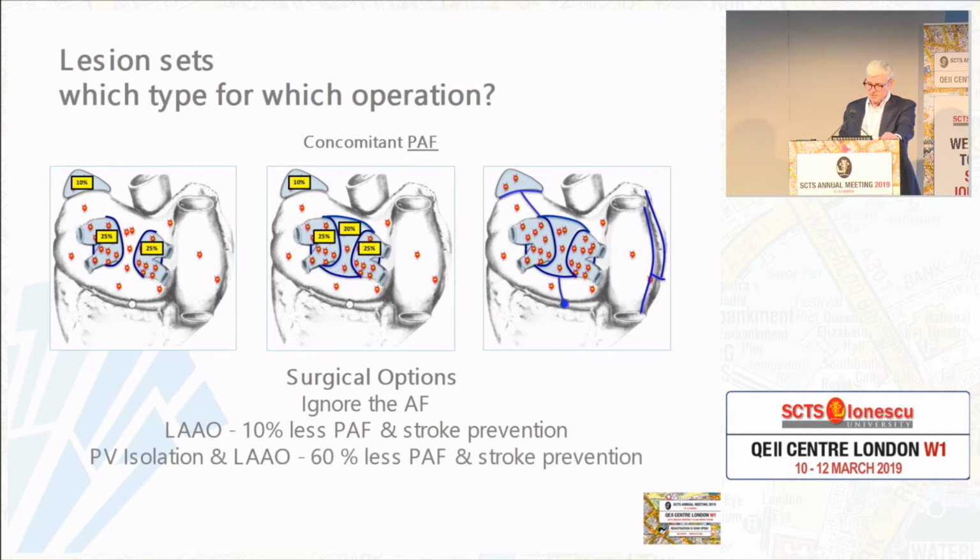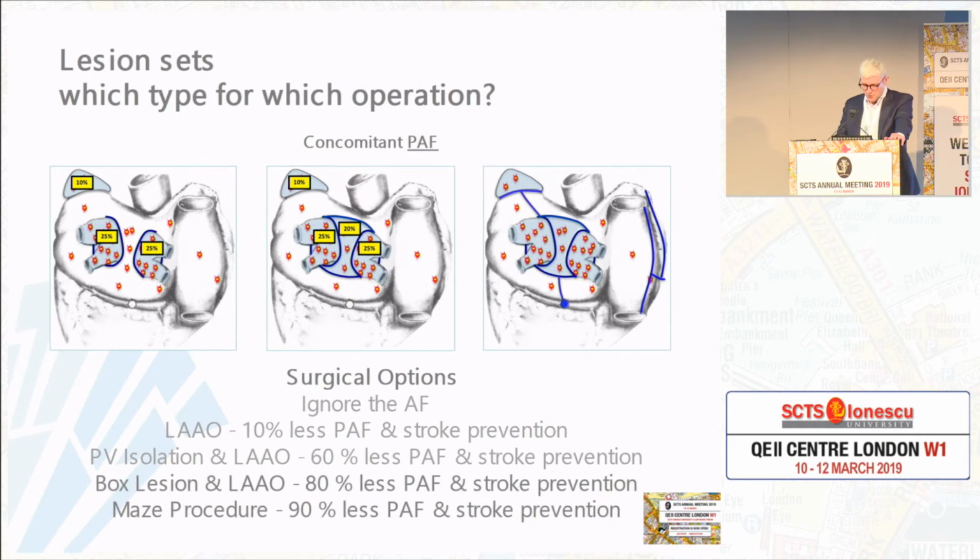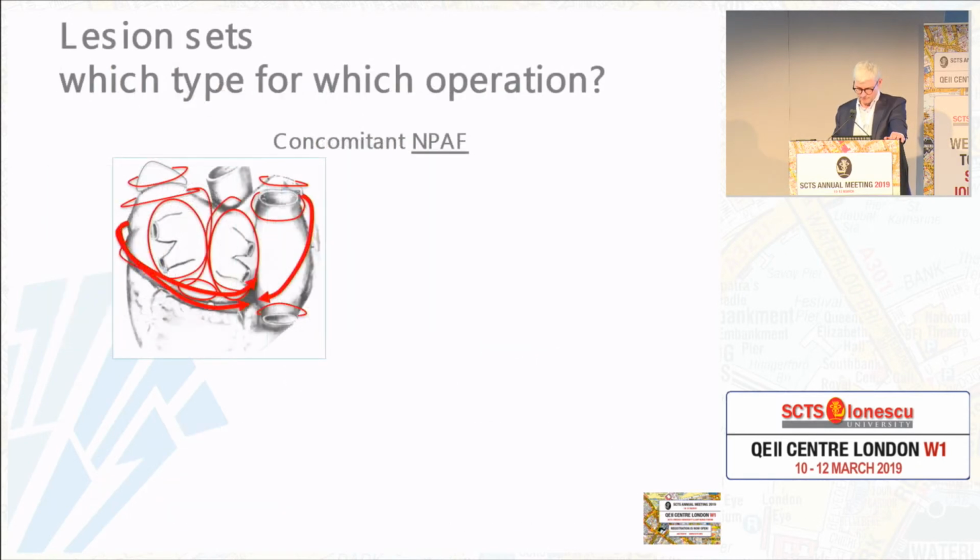If we do a PV isolation plus a left atrial appendage occlusion, our success rate will be around 60%. If we do a full box lesion and an exclusion of the left atrial appendage, our success will be 80%, and the full Cox-Maze will result in a 90% success rate. Again, here we were talking about paroxysmal patients.